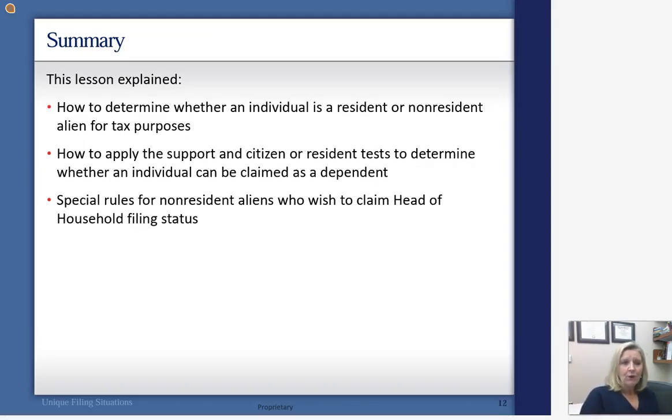All right, so we determined how to figure out if someone is a resident or non-resident for tax purposes. Again, if you're struggling with how to count the 183 days, please contact me or someone else who has done a lot of non-resident returns.